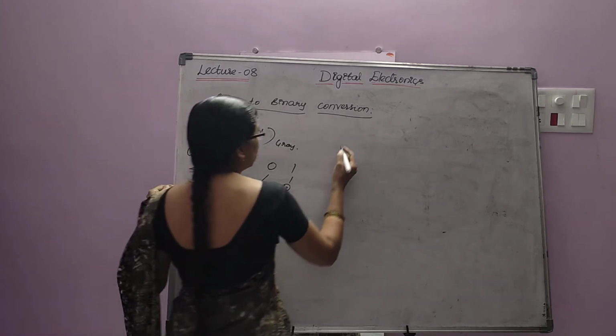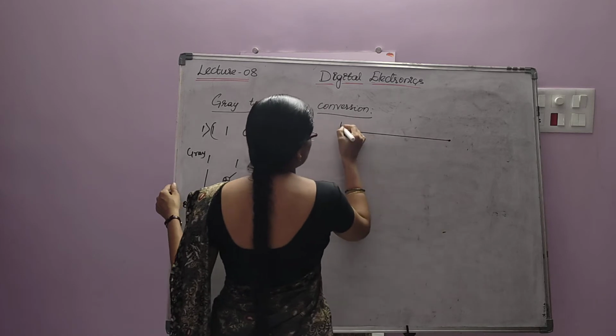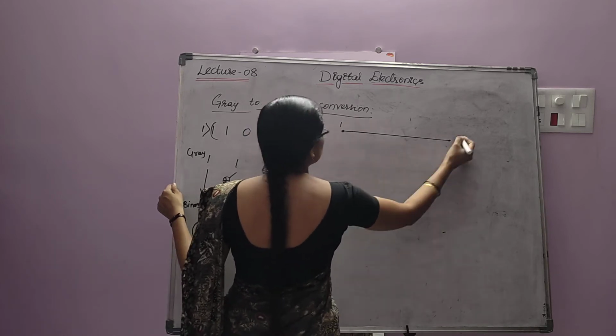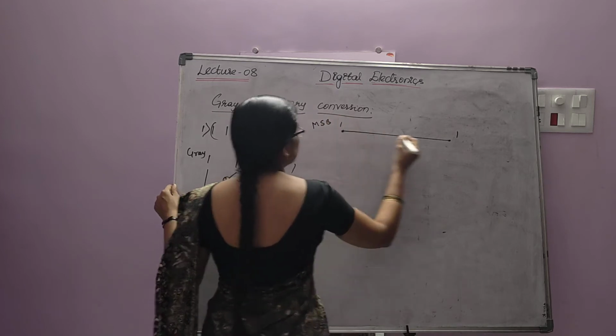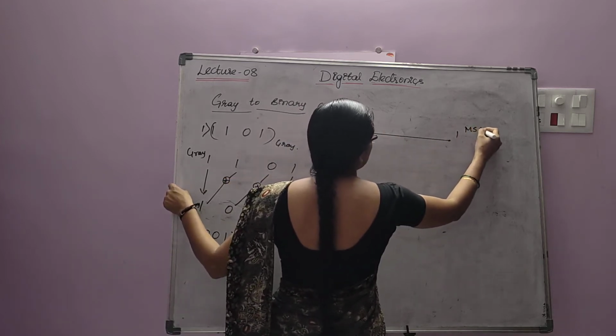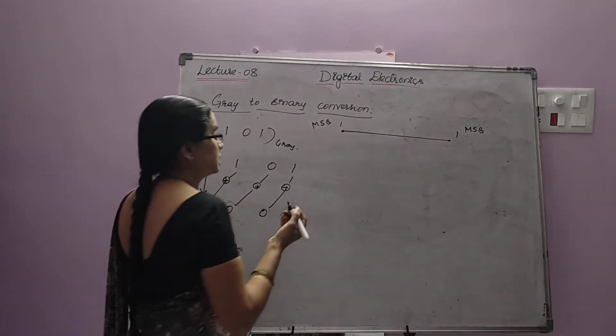And in the XOR gate implementation, the first bit is written like that only, it is 1. The MSB of gray will become the MSB of binary, and in binary to gray it is also the same.